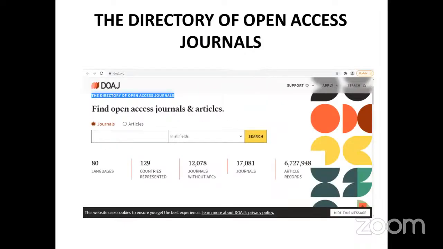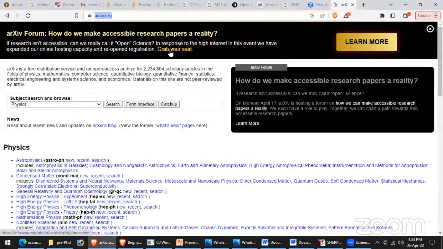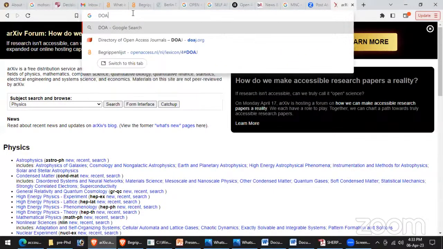Okay, shall I show you the Directory of Open Access Journals? You want to see Directory of Open Access Journals? Let us go for it. DOAJ.